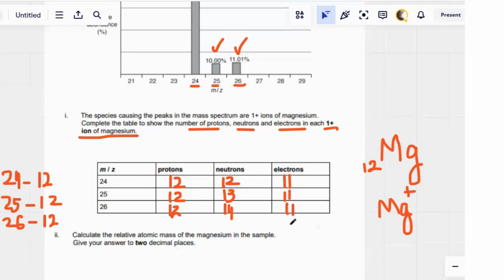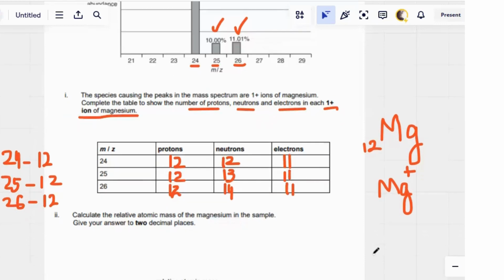So you need to be careful when dealing with this kind of question. Read the statement carefully in order to fill in the number of electrons, whether they are asking about the neutral atom or about an ion.